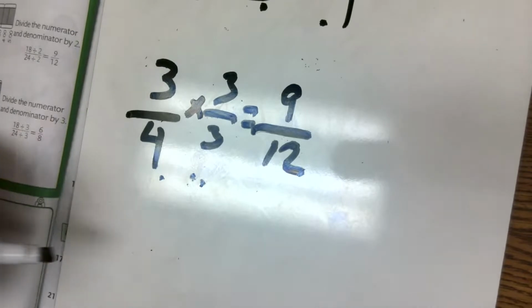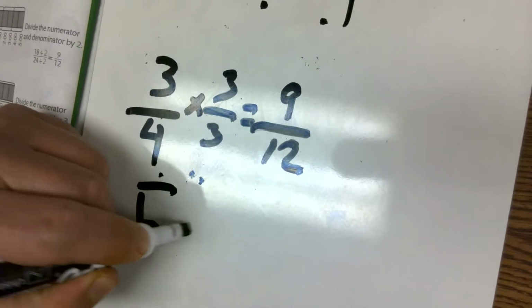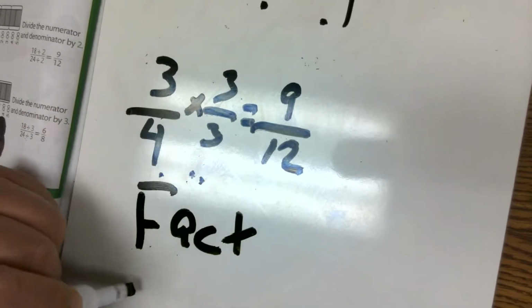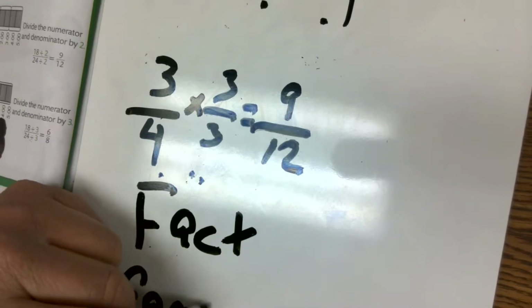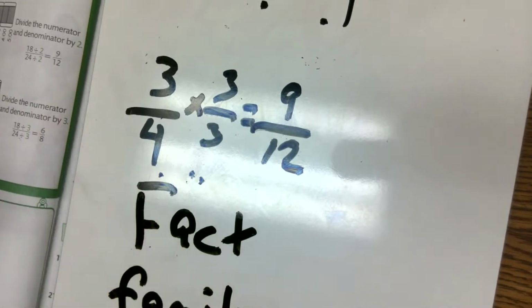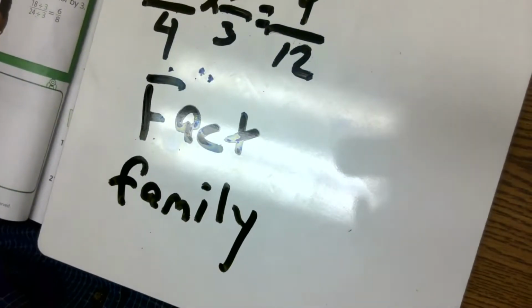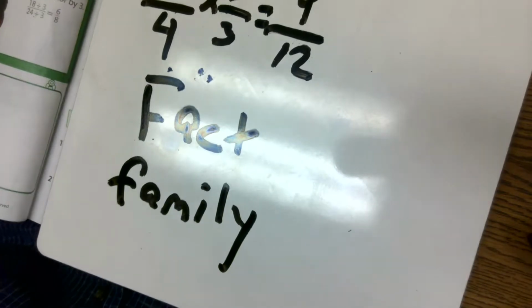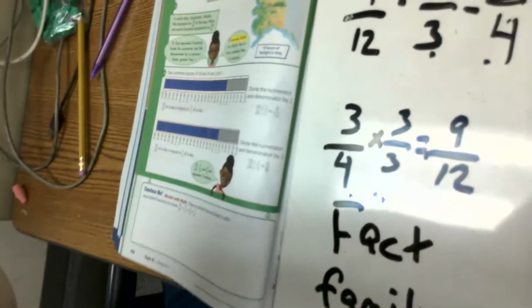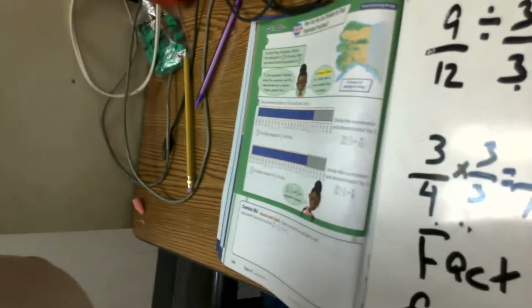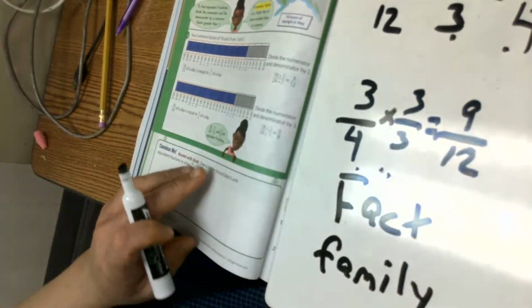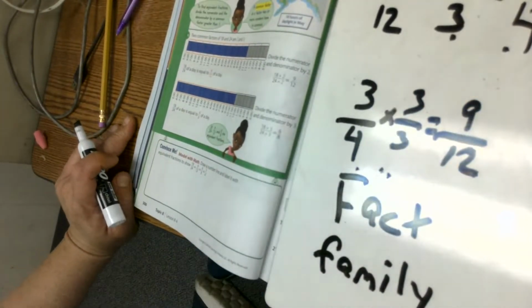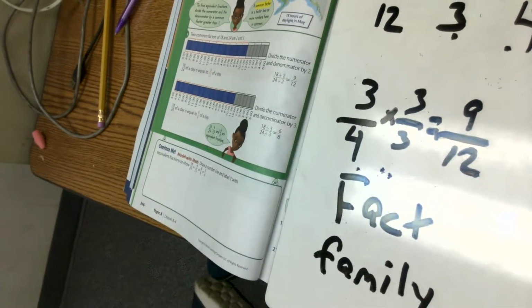Because they are part of the same fact family. That's super important. I'm going to scan this out here just if anybody is doing this at home after the fact. They can see all that on the board. And Mr. Cox will be right back.